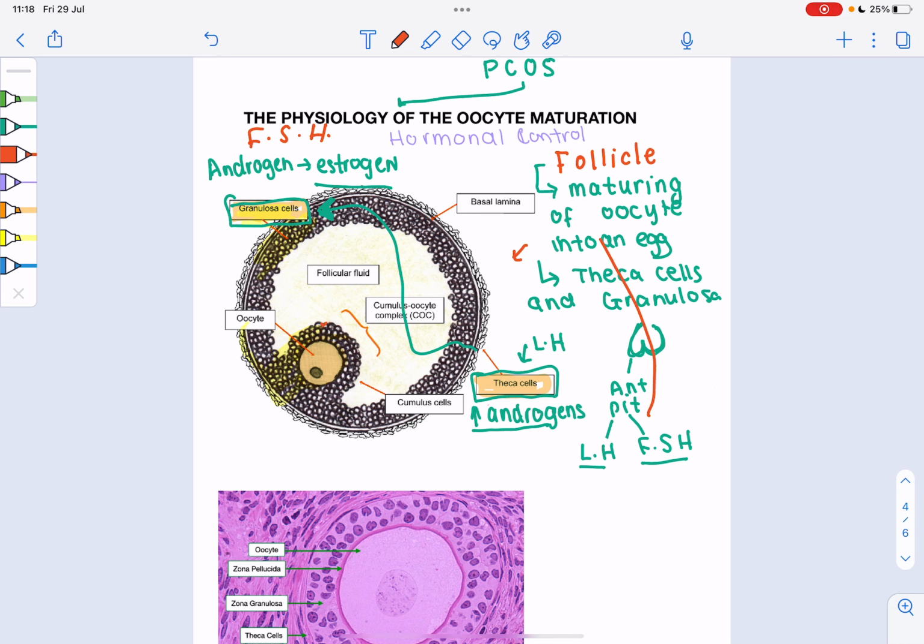So your FSH goes and acts on your granulosa cells, and these granulosa cells convert your androgens into estrogen. And then that estrogen goes and acts on your oocyte to mature it into an ovum, right?